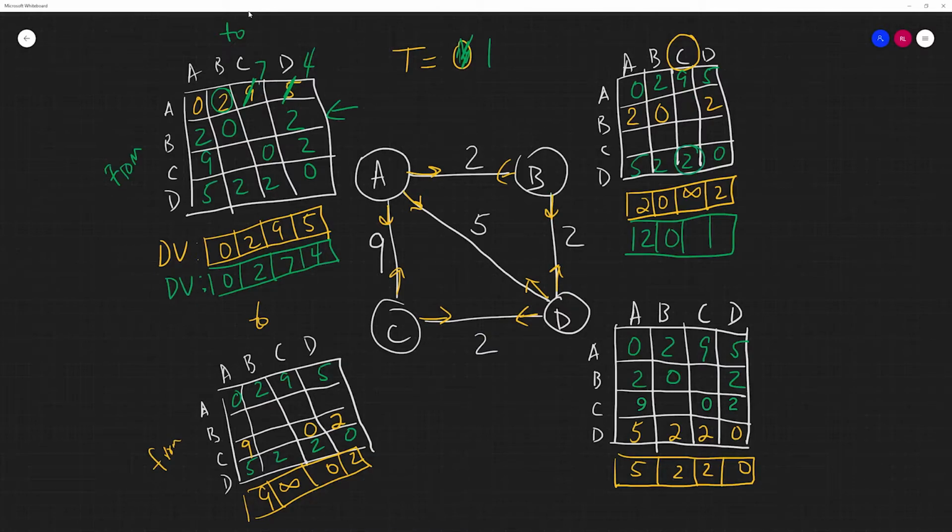So that would be this 2 plus this 2. So maybe I had 11 for 1 second. If A came before D, I would have 11 inside of here. So the order in which it receives these distance vectors really does matter. And then the last one doesn't change, 2042.